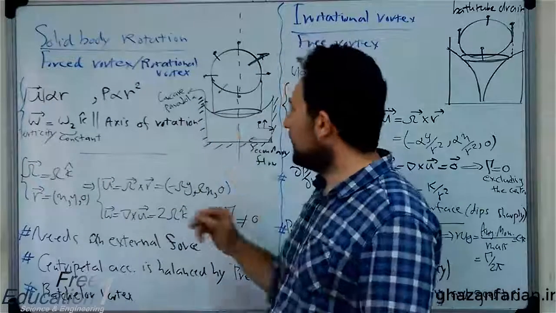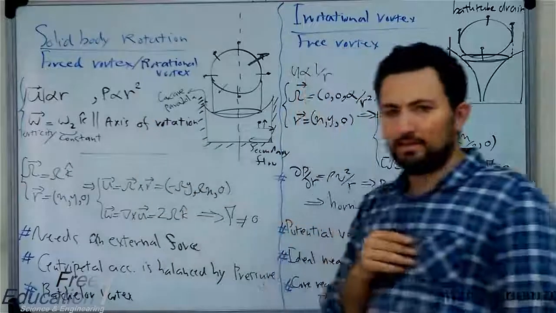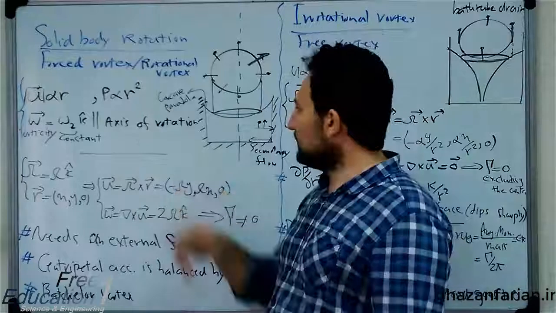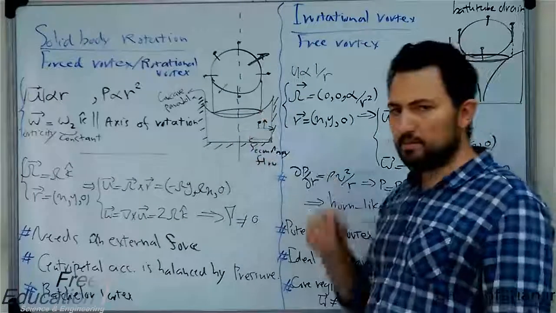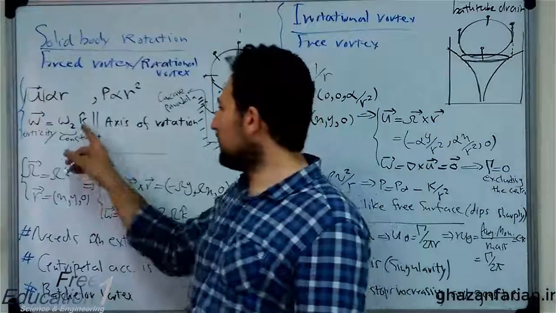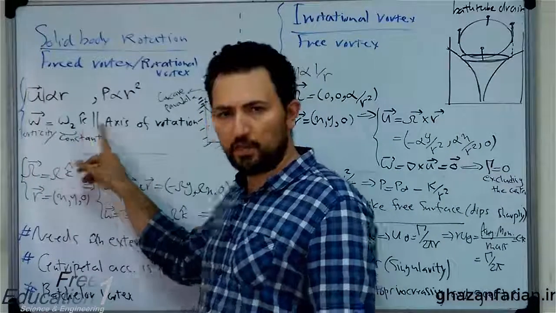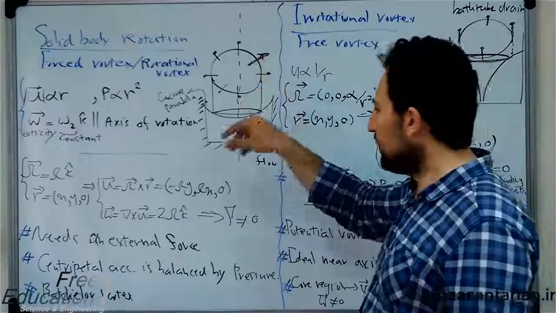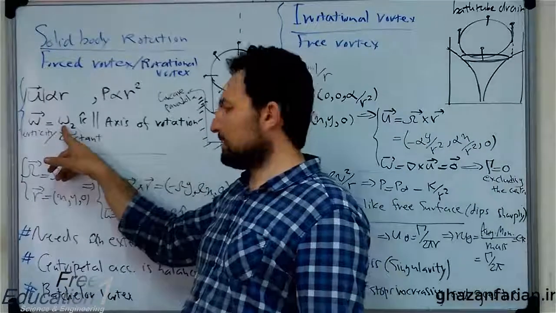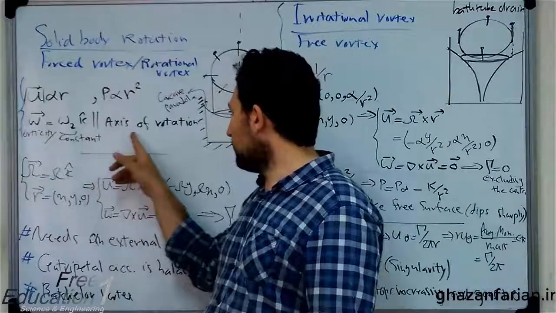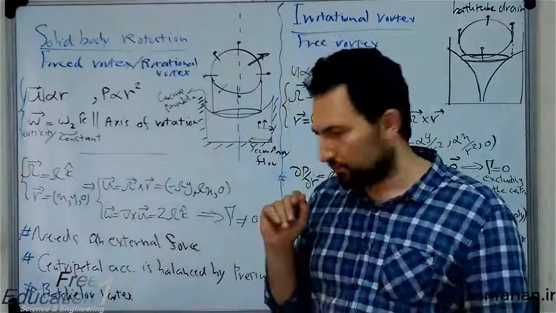Pressure increases in the outward direction with the power of 2 of the distance from the axis. And the vorticity, which is in the k direction, k being the unit base vector in the vertical direction, is a constant multiplied by k. This is the vorticity vector, and it is parallel to the axis of rotation.